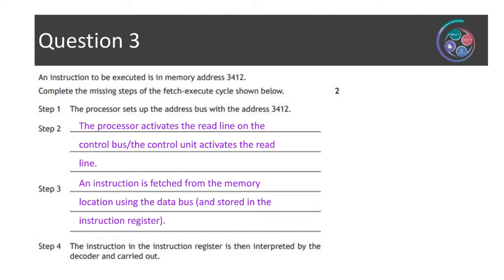And of course, the data bus, the information is bidirectional because it can be sent to memory and data can be got from memory, whereas the address bus is unidirectional because the information is always coming from the processor going along the address bus. So that is question 3 for your 2 marks, and you just want to be nice and clear with the steps that you've got there, and you can just learn them and then reproduce that in the exam.